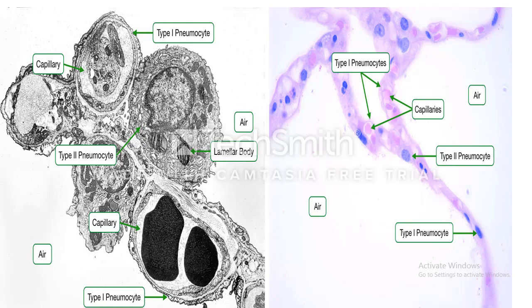Pneumocyte 2 has a circular nucleus. This cell secretes lung surfactant. Type 2 cell. This is the capillary. What is the type of capillary? Fenestrated capillary. This endothelium of capillary and pneumocyte 1 form the blood-air barrier. Blood-air barrier.